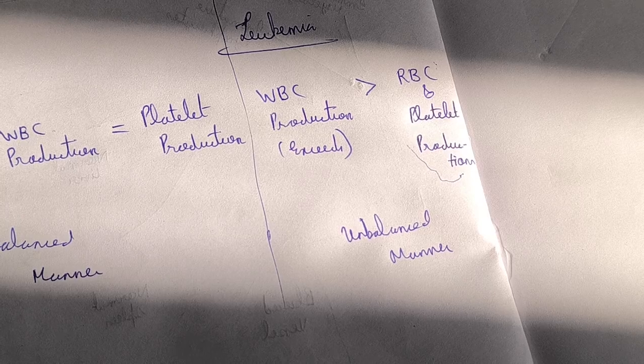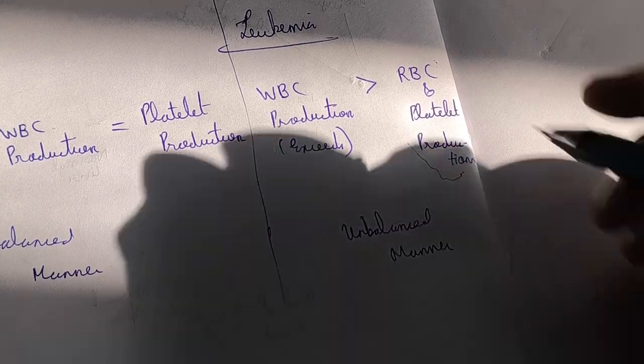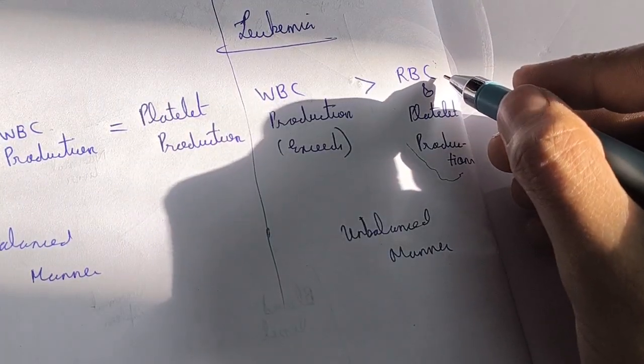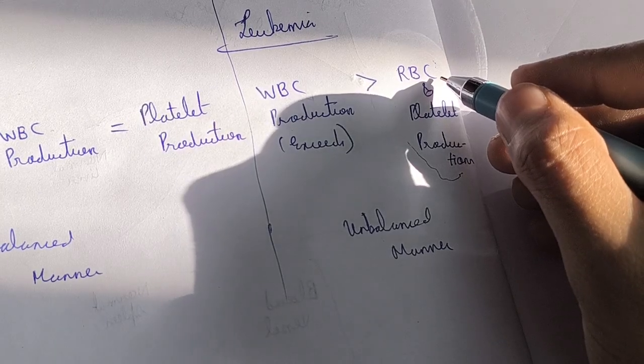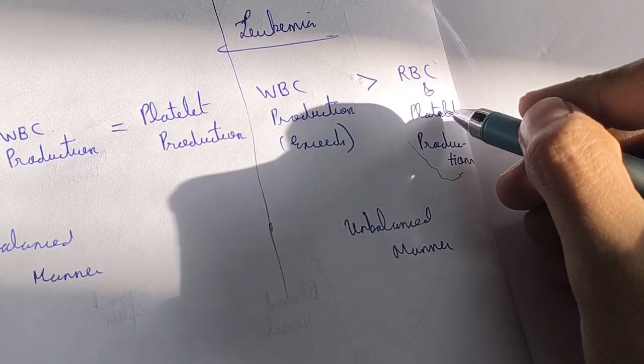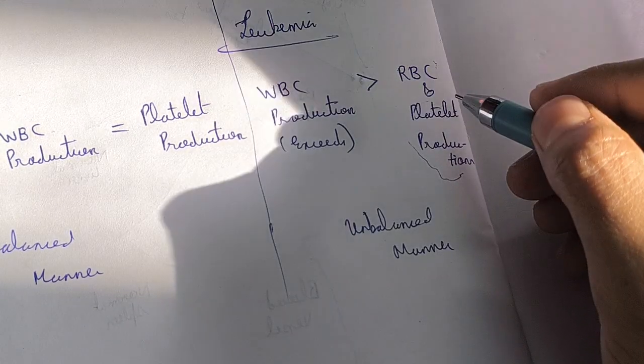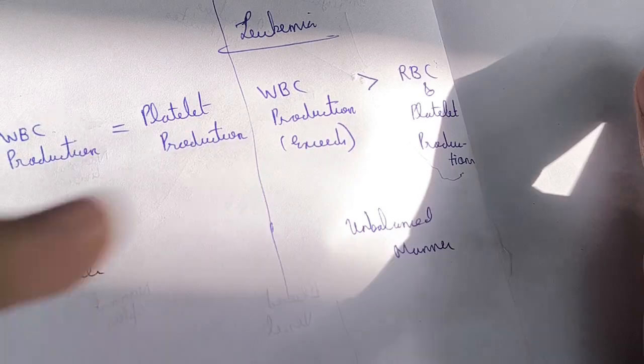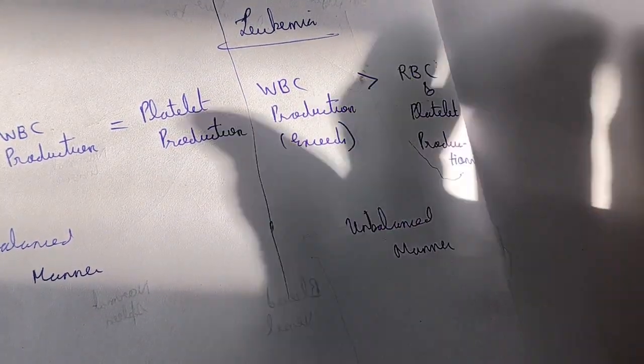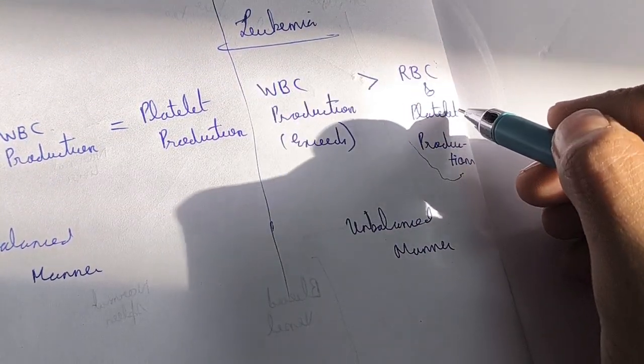If the production of RBCs is reduced, then anemia will be caused, and if the production of platelets is reduced, I'm going to explain platelets in upcoming videos, so please stay tuned.